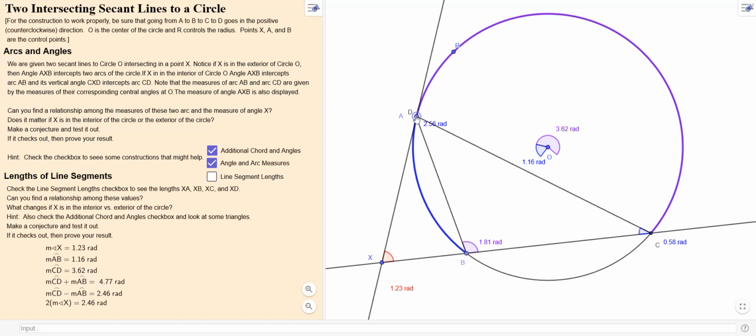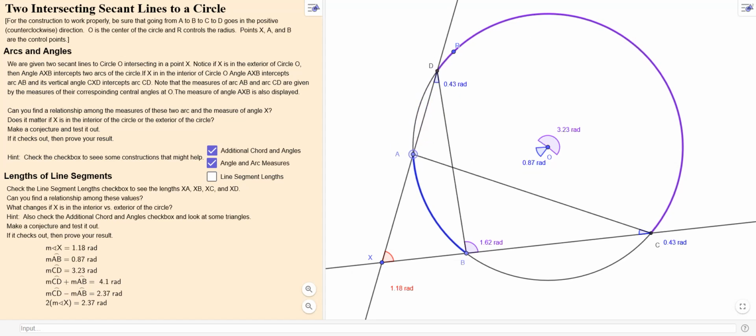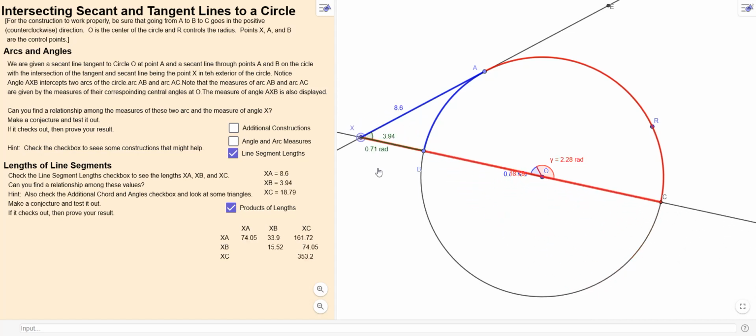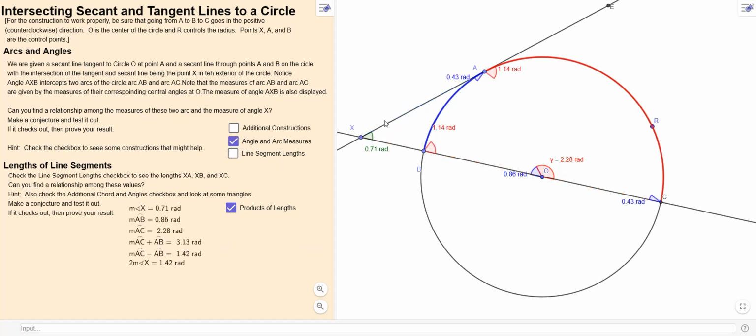So you're still doing the arc from the point of tangency around to here, minus the minor arc here, and then take half of that, and that'll be angle X. So we should see that result when we look at the situation where we have tangents. So now you basically just have this red arc and the blue arc, and sure enough, it turns out to be the same thing. If you take the difference, you get twice the measure of the angle there.